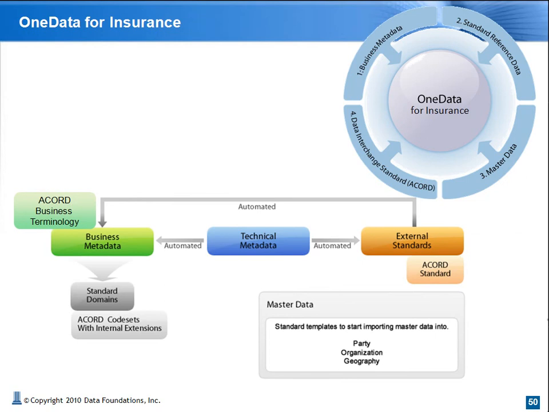So, in conclusion, getting back to our integration puzzle of the metadata business layer, standard reference data, ACORD, and master data, OneData provides the data management framework not only for integration, but a holistic functional approach to data creation, enrichment, standardization, and deployment across an insurance company's enterprise landscape.